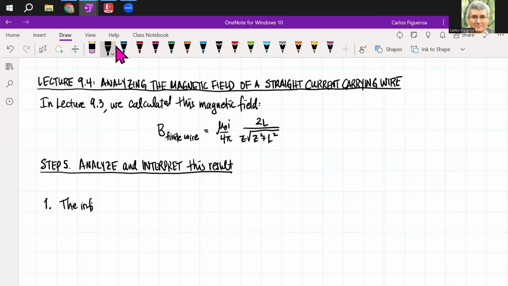the infinite wire, and what I really mean is that I have an infinite wire that carries current.